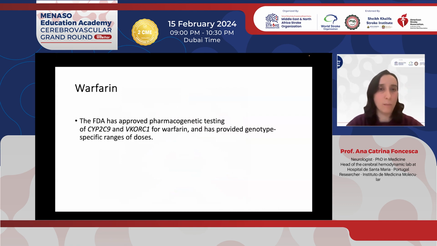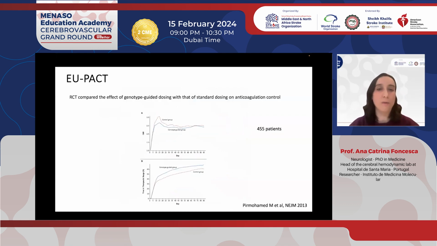And actually, the FDA has approved pharmacogenetic testing of these genes for warfarin, and has provided genotype-specific ranges of doses. So if you use genotyping in order to select the amount of warfarin to give to patients, you are going to increase the time in therapeutic range. And this has already been shown in a clinical trial that was sponsored by the European Union.